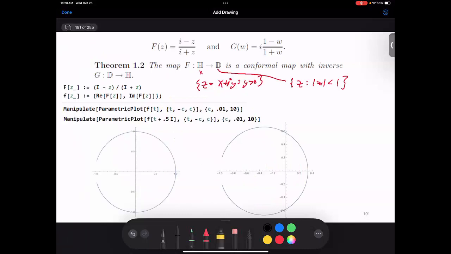Okay, I'm not going to go through all of this. What I strongly encourage you to do is just take a piece of paper and play with things, or if you want, program your computer to play with things. So here are two maps, F and G, and the claim is that the map F takes H, which is the upper half plane, so it's all points x plus i y, where y is greater than 0, and maps it to D, which is the unit disk, all z which are less than 1 in absolute value.